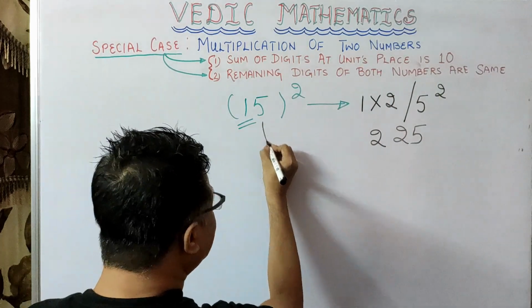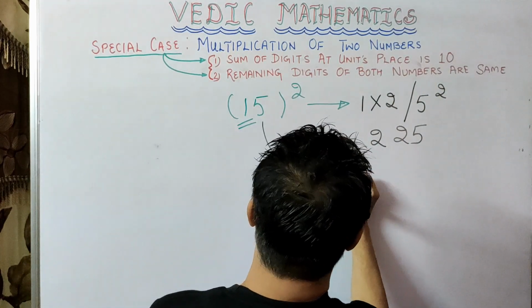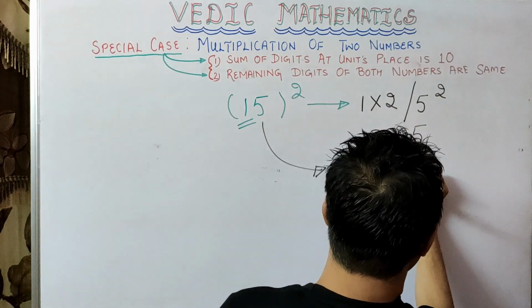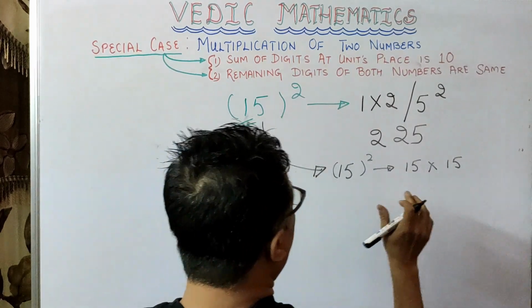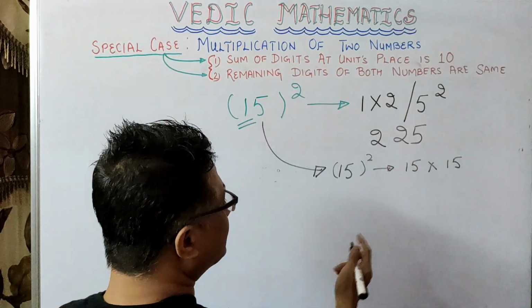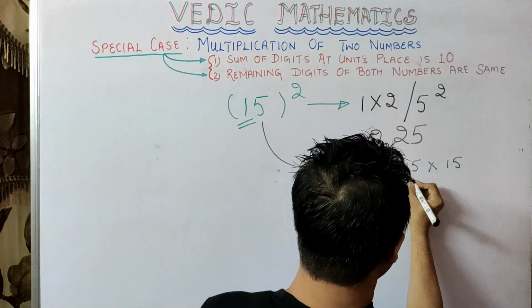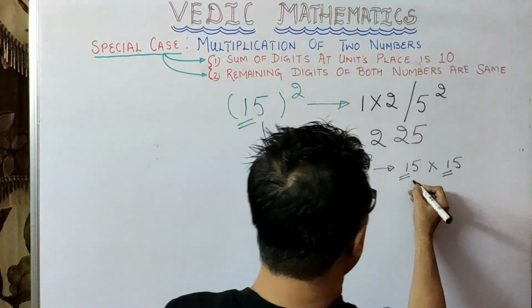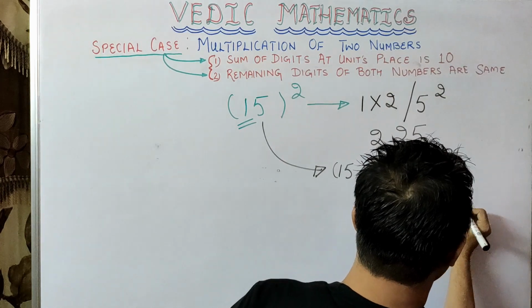Now, the interesting thing is that we can write 15 square as 15 times 15. Now, if you realize, in these two numbers, one digit is the same and the sum of 5 plus 5 is 10.